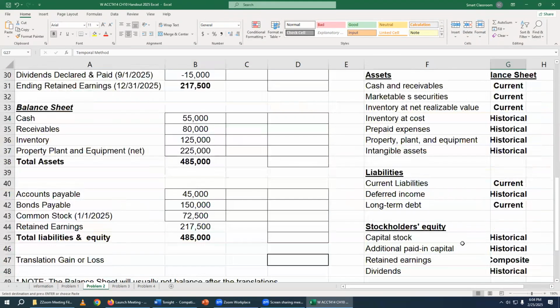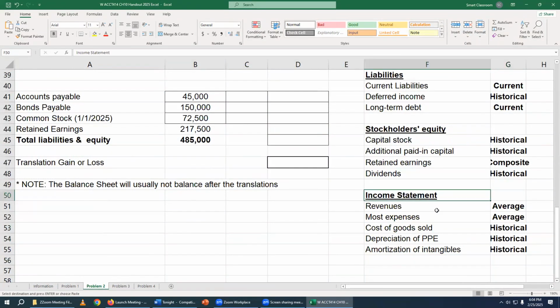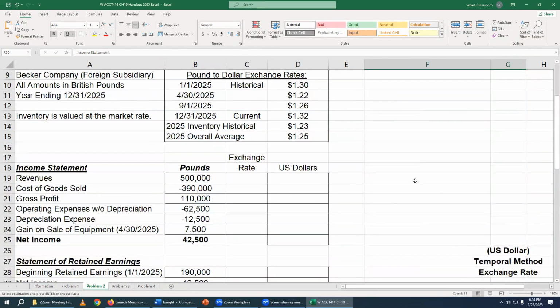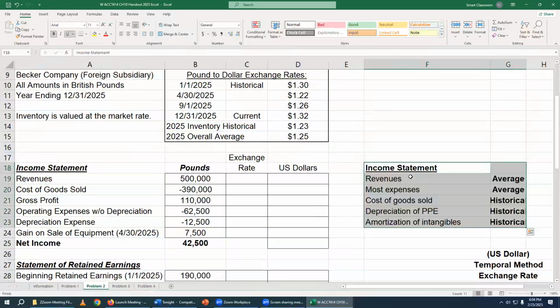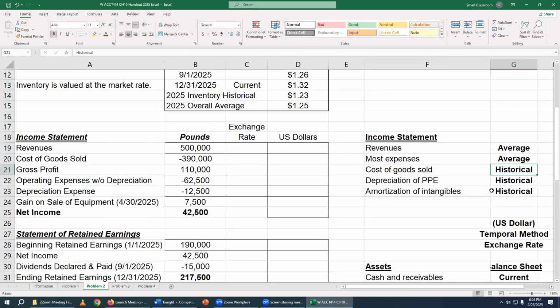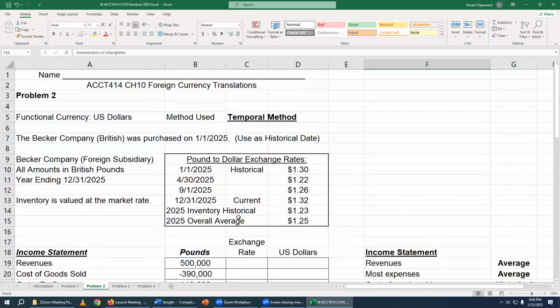In the future, I should just have these inside here. I'm just moving this up. For whatever reason, the book has the income statement on the bottom. I should probably just ignore that and put it up on top. Okay, so temporal method.